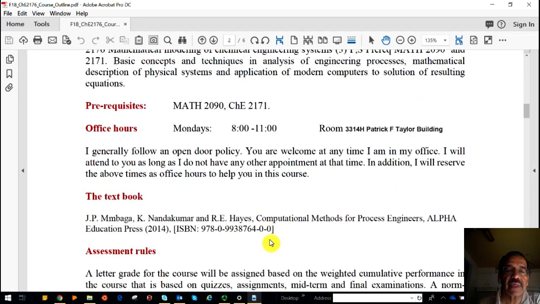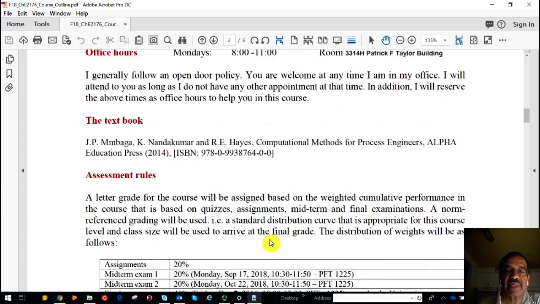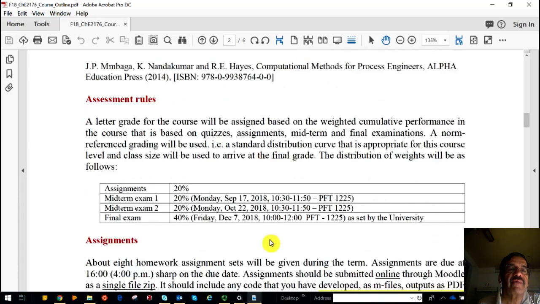The textbook, which should be available in the bookstore, is Computational Methods for Process Engineers. We wrote this some time back, and I'll be taking a lot of numerical methods material from there. For MATLAB material, I will distribute additional material. Now, for the assessment rules, assignments, there will be about 8 or 9 assignments, and they will be worth about 20%.